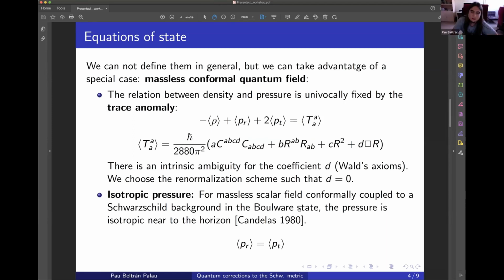Yes, we have talked about this a lot, in the sense that the logical next step would be not considering isotropic pressure, but considering that the difference between the radial pressure and the time-like pressure is given by some kind of expression that we can take from some studies about this relation.